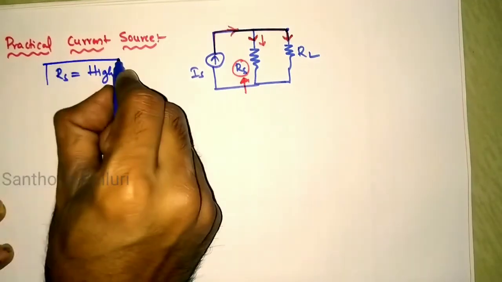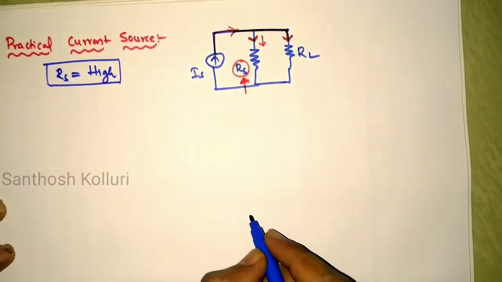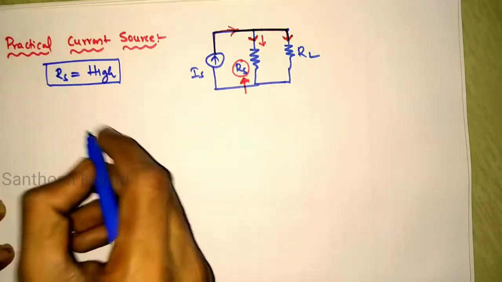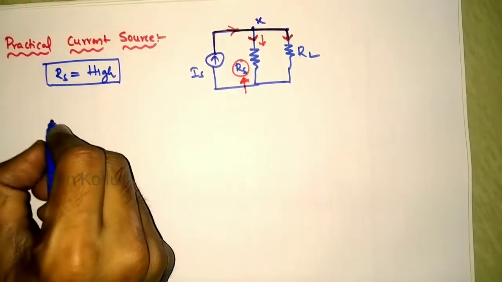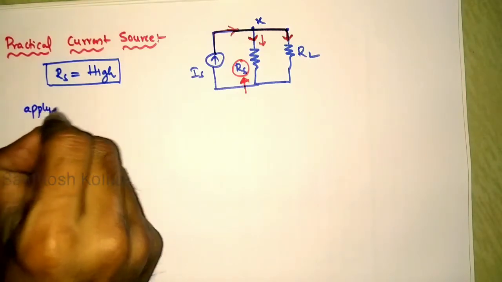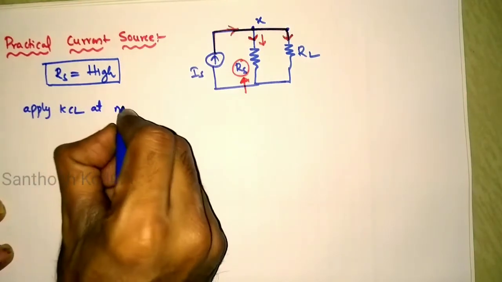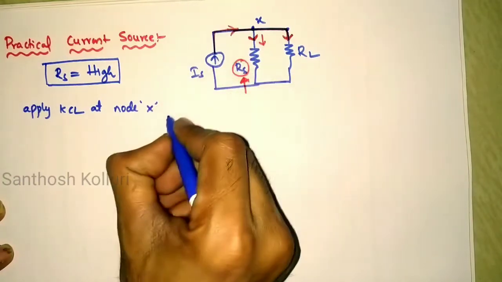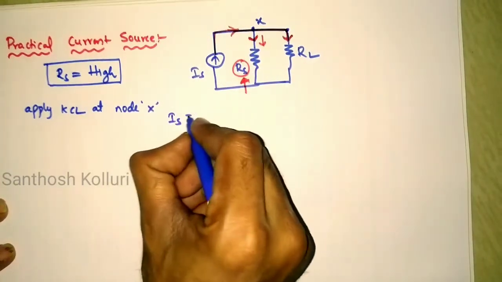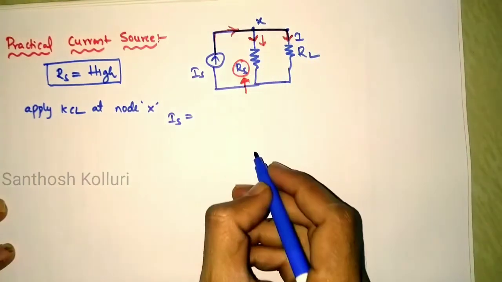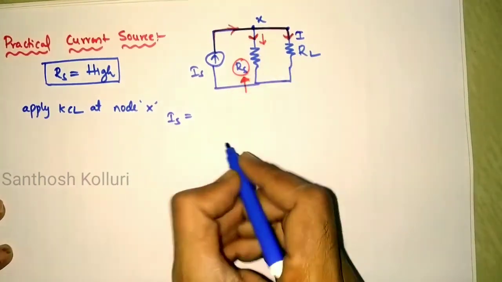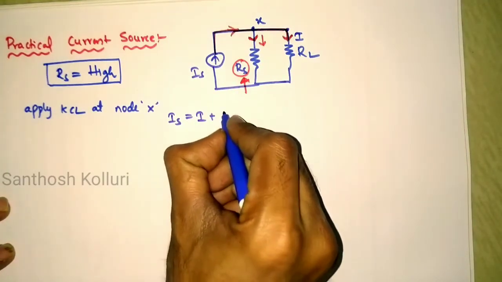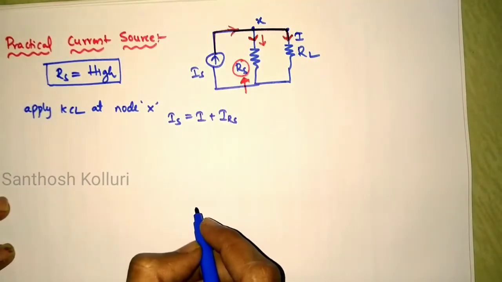Whereas in the case of a voltage source, the value of RS is minimum or low to allow the maximum amount of current to flow, as it is in series connection. Here, if I apply KCL at this node X, the total current coming from the current source IS is equal to the current flowing through the load resistor I plus the current flowing through the internal resistance RS.